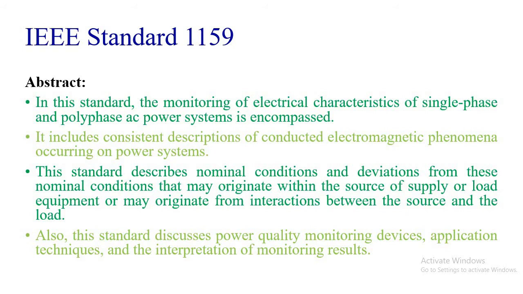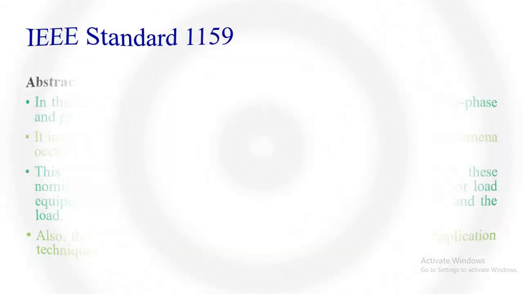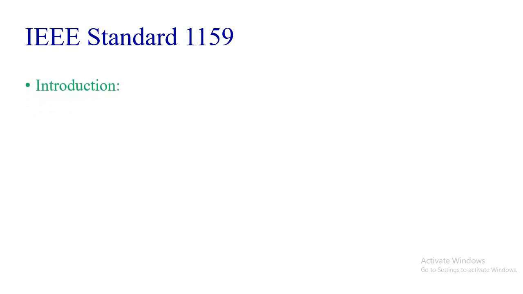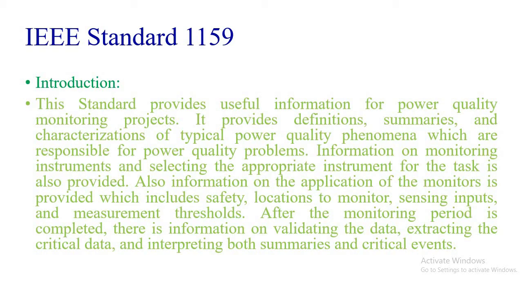Also, the standard discusses power quality monitoring devices, application techniques, and the interpretation of the results which are obtained. So, this standard provides useful information in power quality monitoring projects.